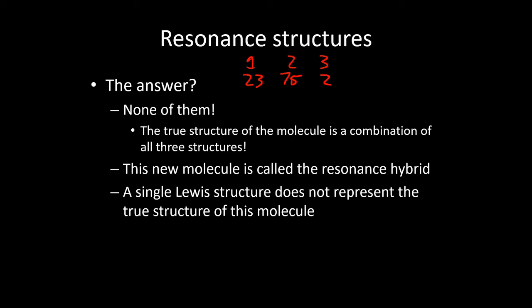Like all three of them have a say in how the molecule looks in reality, but it's going to look most like the most stable structure, the best structure, but it is not purely the best structure. So because of this, a single Lewis structure won't actually be able to represent the true structure of the molecule.